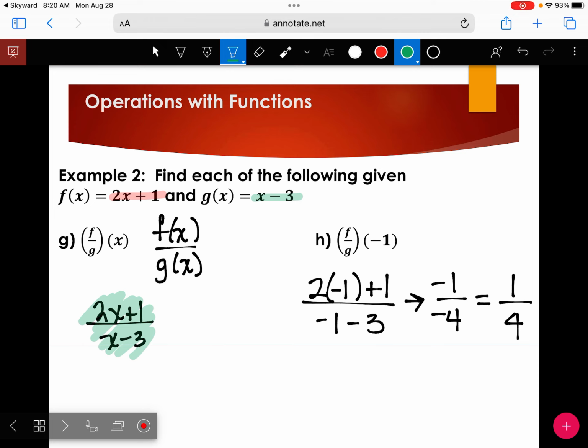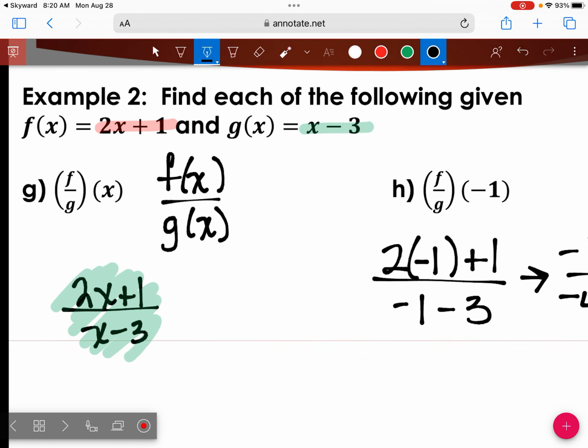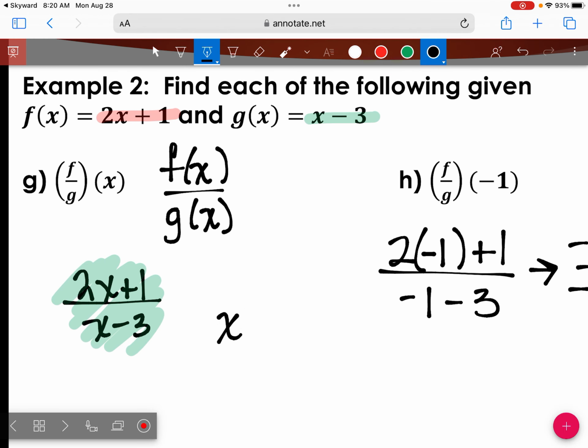All right, so before we finish out this one, just a reminder, for the first one, G, you would not have a domain of all real numbers. Let's go ahead and write the domain of this function. Because x minus 3, your denominator, cannot equal 0. So what does that mean? X cannot equal what? 3.